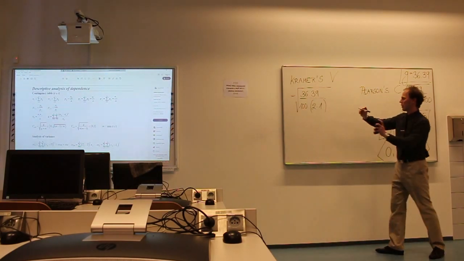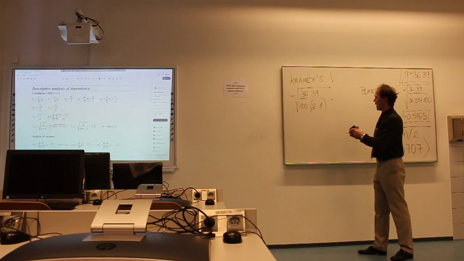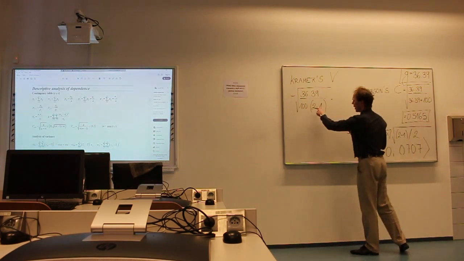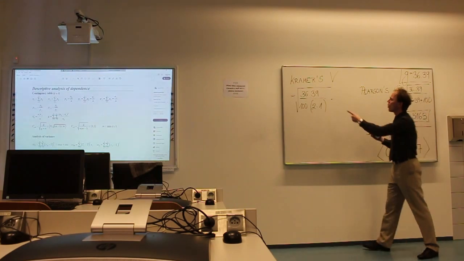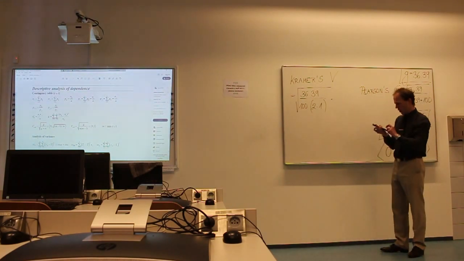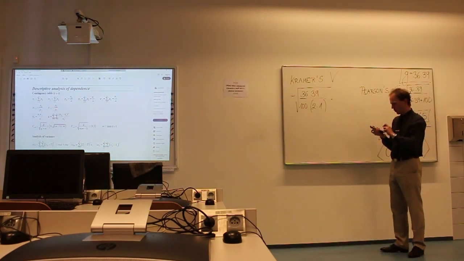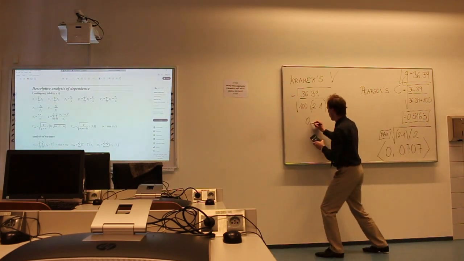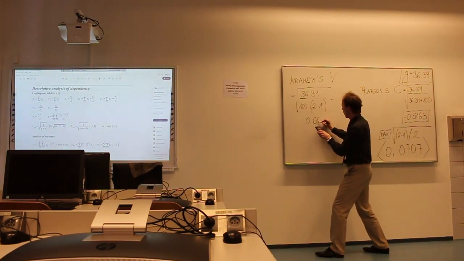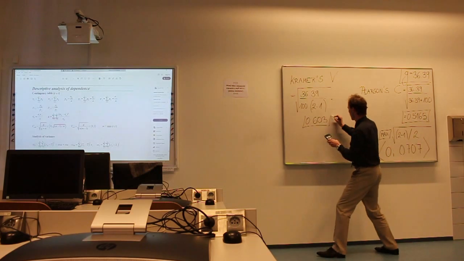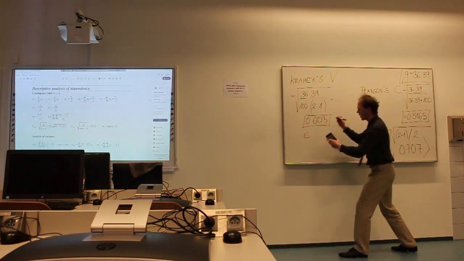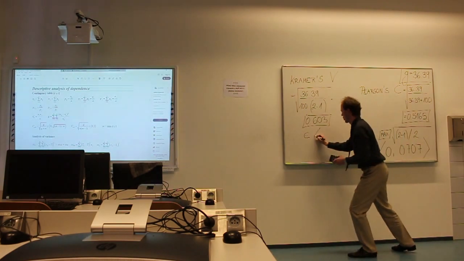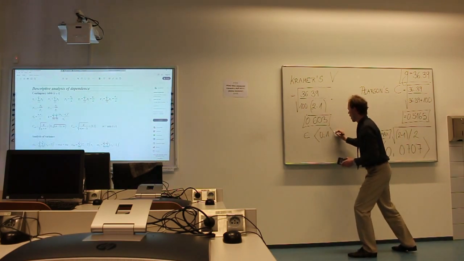Yes, 2 is smaller than 3. So 36.39 divided by 100, square root of this value is 0.603.